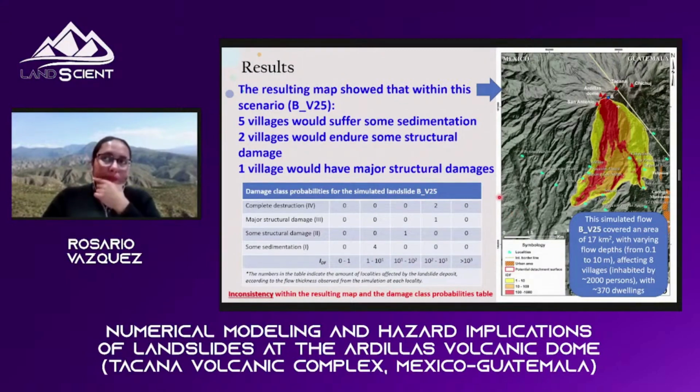But while we were doing this analysis and we compare the probability matrix that we obtained with the depth and velocity values according to the distribution of the intensity index within this map, we observe mostly that there are some inconsistencies between the values obtained from the metrics and what we can observe from the distribution of the deposit left by the landslide.